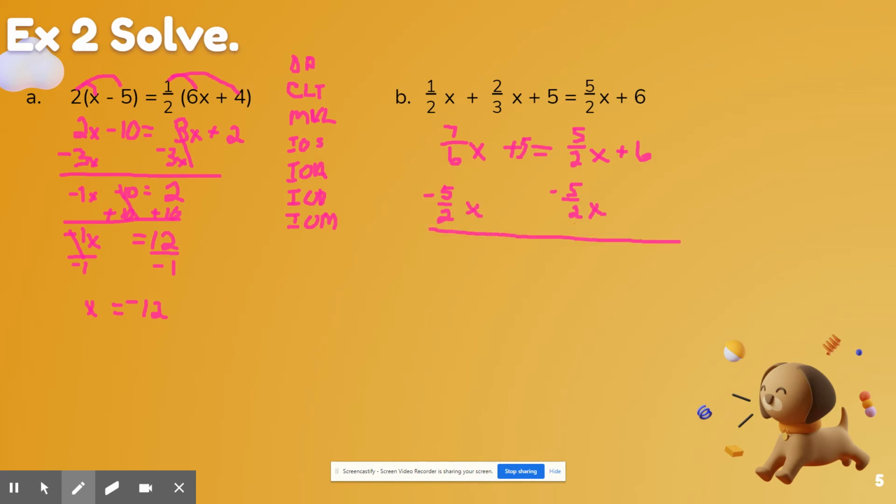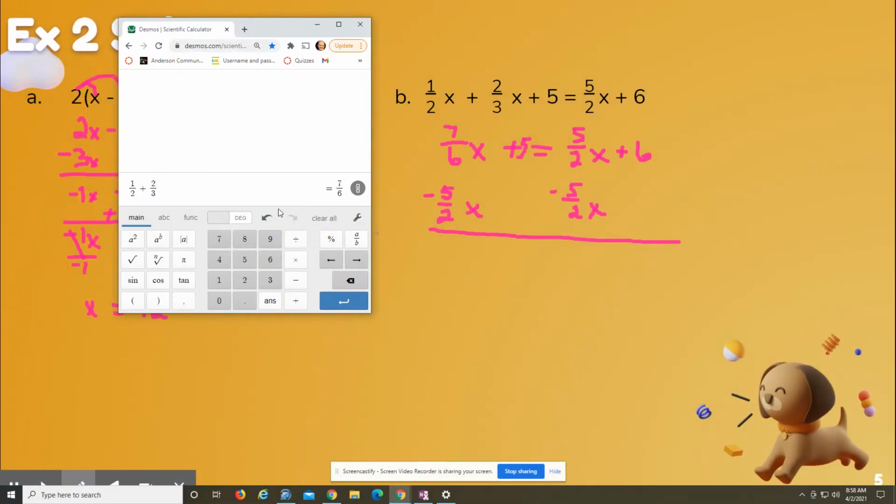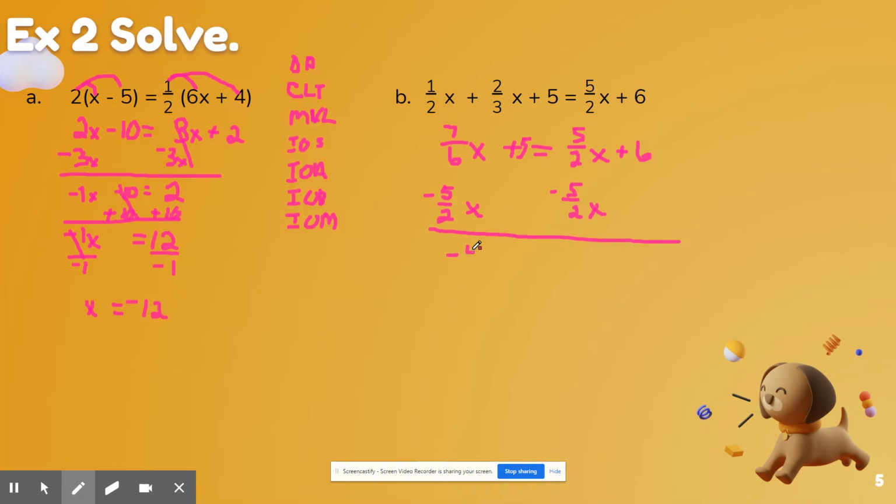So again, I'm going to go back to my calculator because I'm not great with fractions. I'm going to do 7 divided by 6, 7/6, minus 5/2. Again, I want the fraction version. So it comes out to be negative 4/3. The x comes with it. Plus 5 drops down. These cancel out just like before. And the 6 drops down.